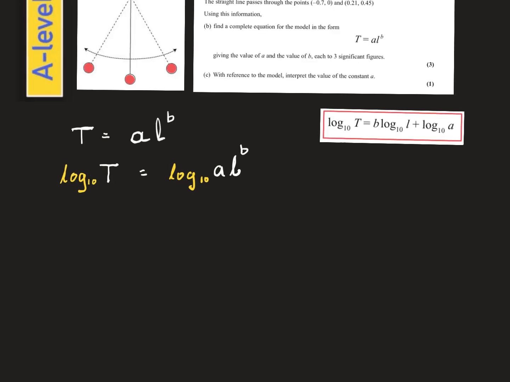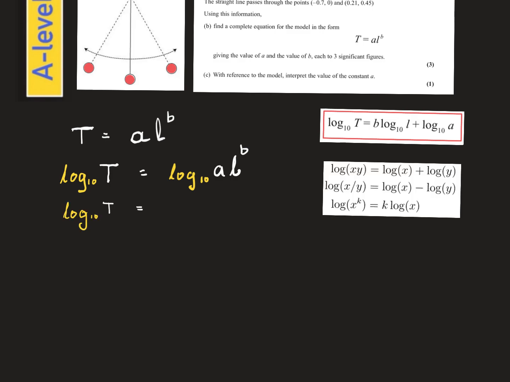And so to remind myself what it's going to look like, I've just put this equation down here below. All right, the first part of it is fine. Now we need to rearrange the right hand side. To help you with this, I want to draw your attention to these laws of logs.